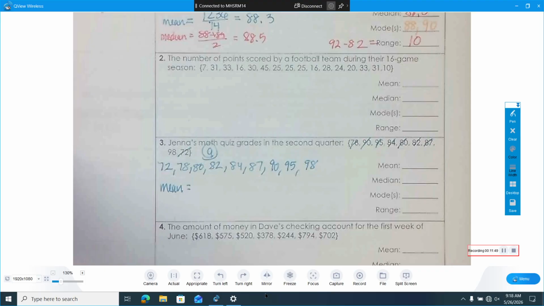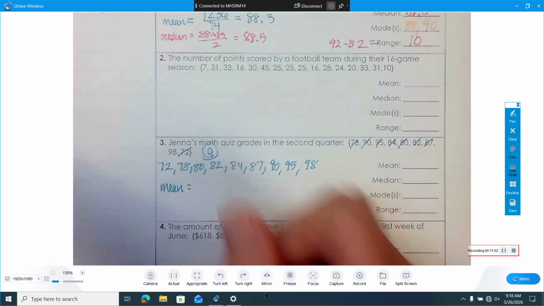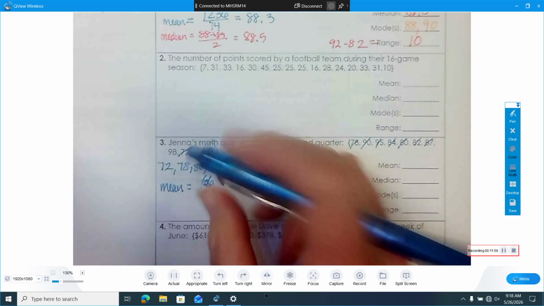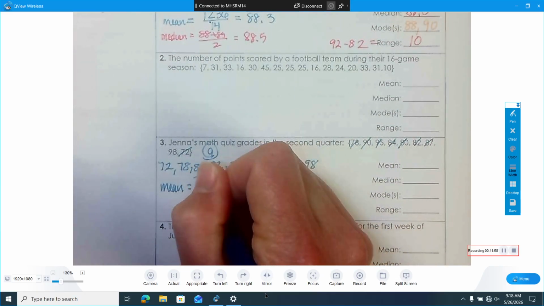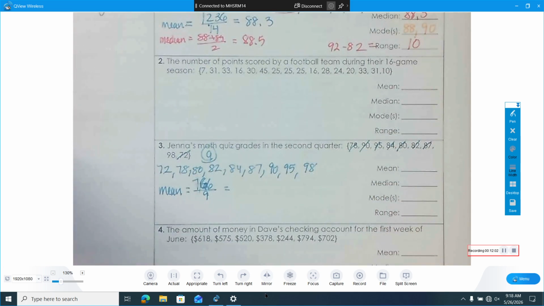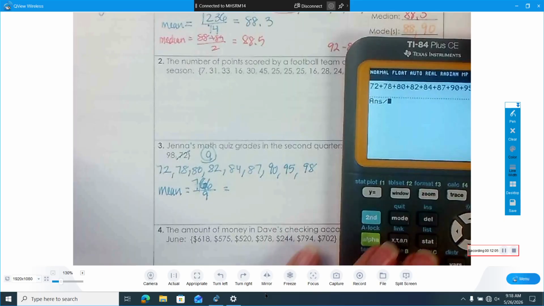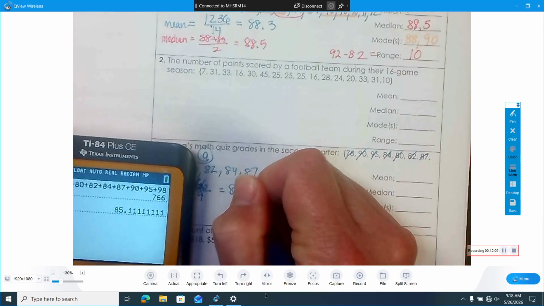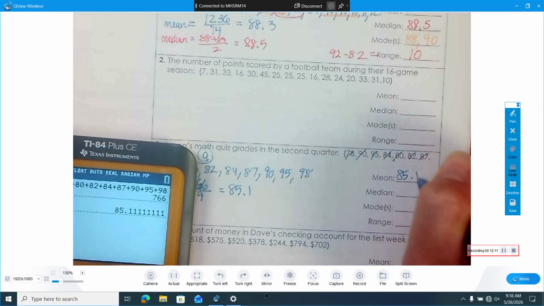What'd you get for your total? 766? I got 766. And then there were 9 entries, 9 data points, so divided by 9, 85.1.